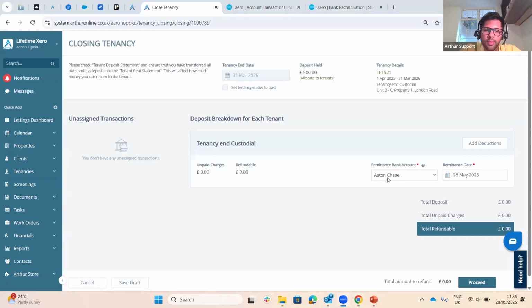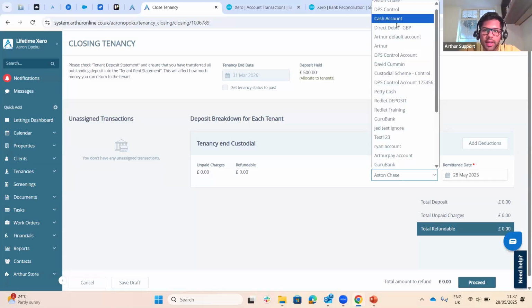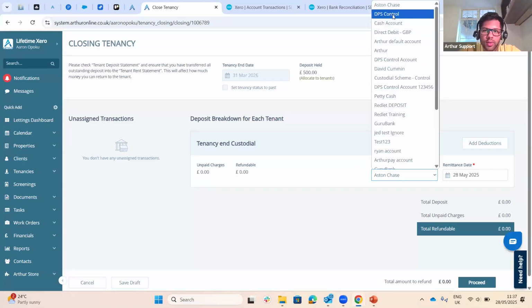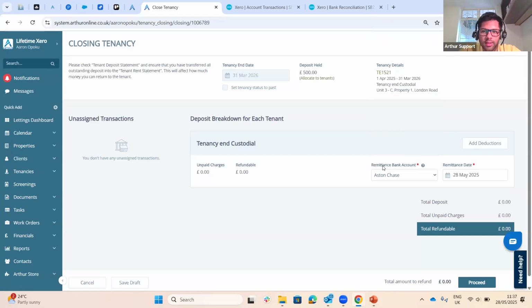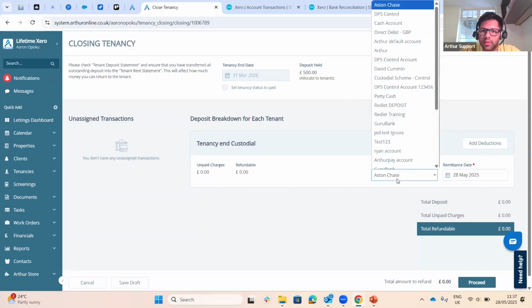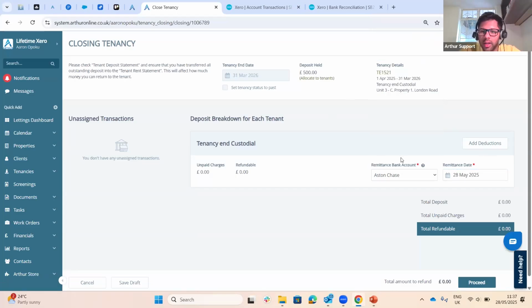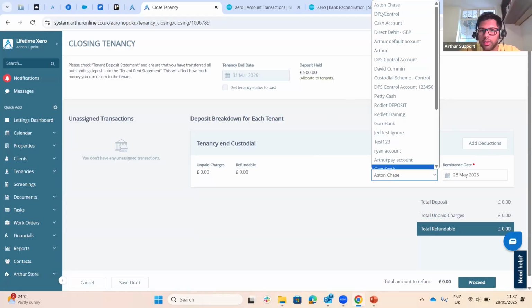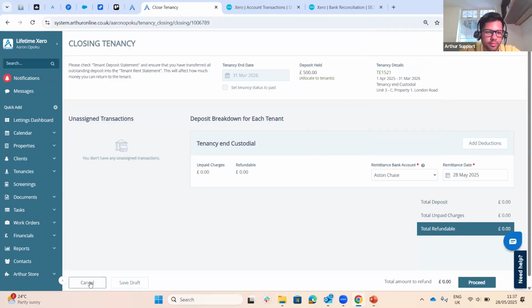So make sure that if your deposits are registered and held in a custodial scheme, you're selecting that control custodial account. And if your deposits are held by yourselves as part of an insured scheme, you're selecting your own bank account. So that's the difference. Otherwise, the process is similar in terms of allocating the tenants and adding all the deductions. The only difference is the remittance bank account, which needs to be changed when you are operating under custodial scheme.